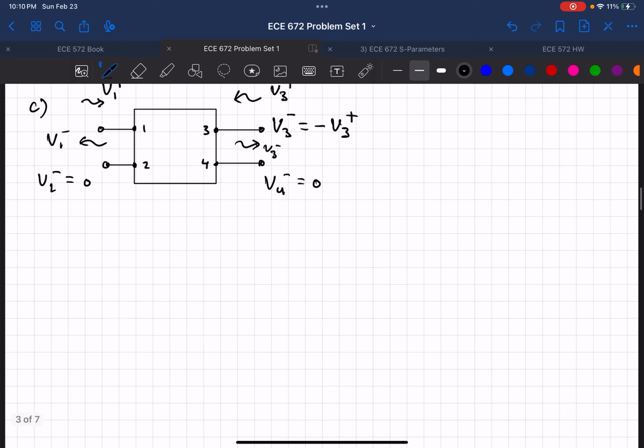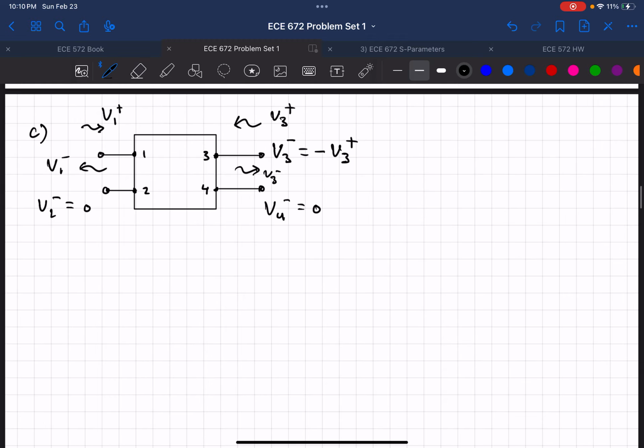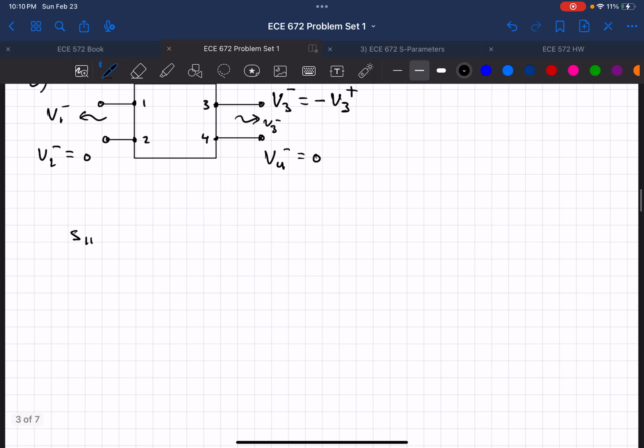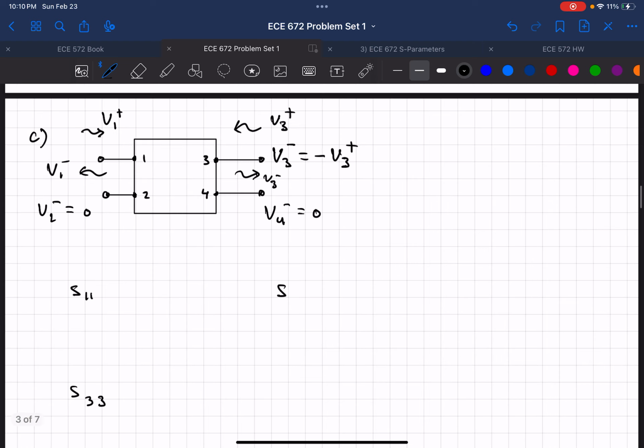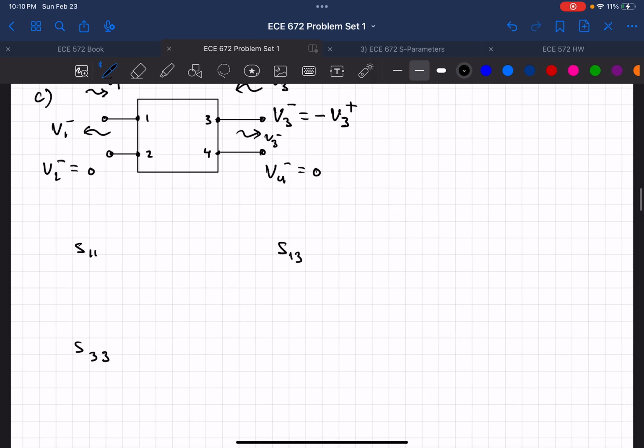Okay, so here we can have V1, we can have S11, we can have S33, we can have S13, or we can have S31.